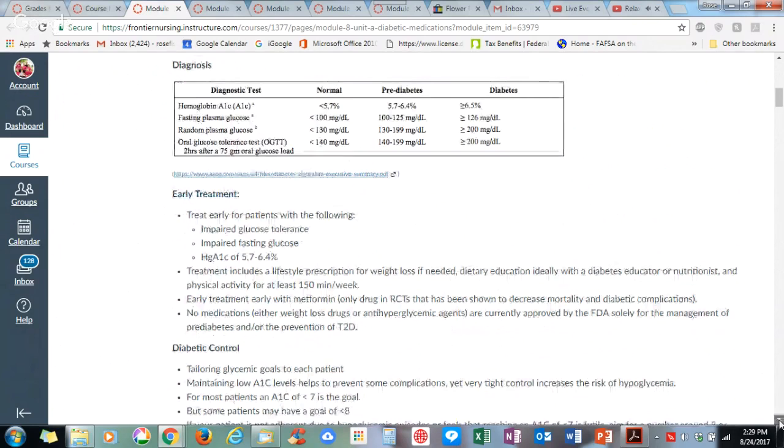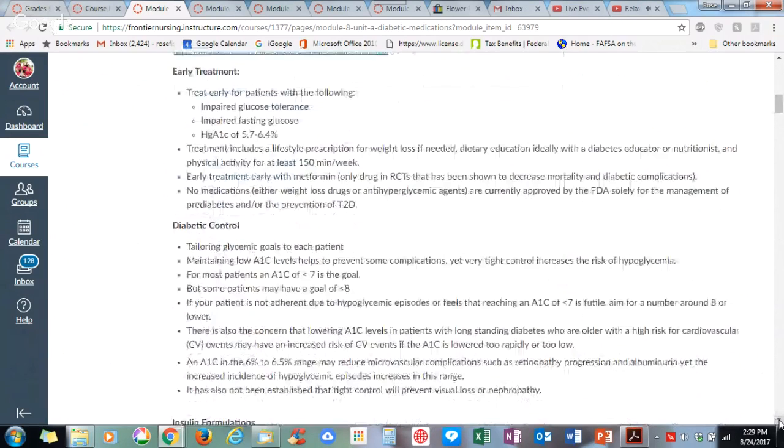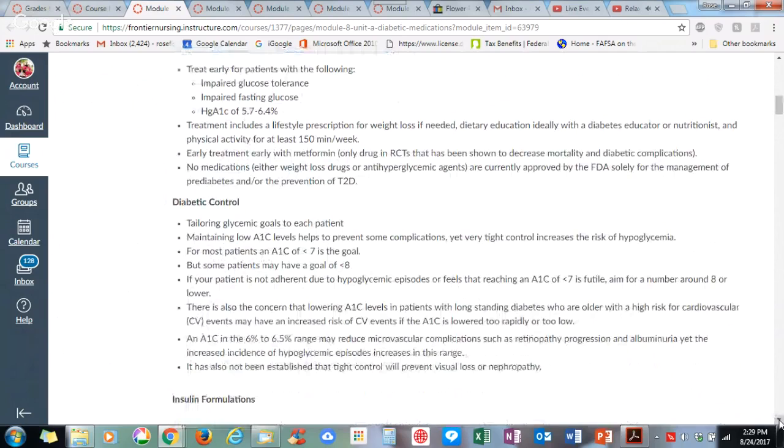So, early treatment. Treat early for patients with impaired glucose tolerance, impaired fasting glucose, hemoglobin A1C of 5.7 to 6.4%. Treatment includes a lifestyle prescription for weight loss if needed, dietary education, ideally with a diabetes instructor or nutritionist, and physical activity for at least 150 minutes a week.